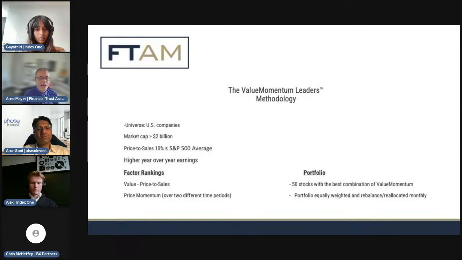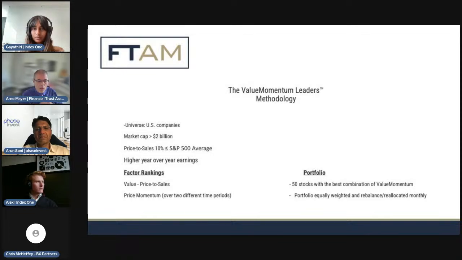Once we have that general list of stocks, then we begin the factor ranking process. And the factor ranking process, as the name would suggest, value momentum, which is a name we came up with ourselves and trademarked, combines two factors, value and momentum. So first, I want to speak a little to the value factor that we utilize.